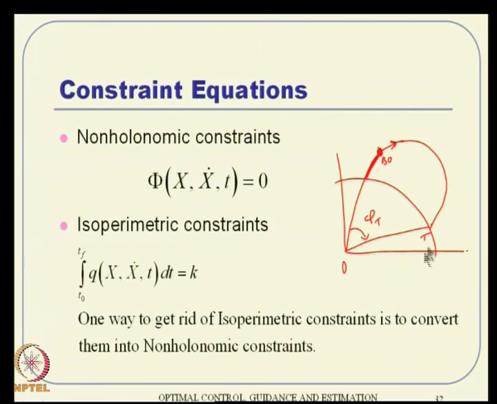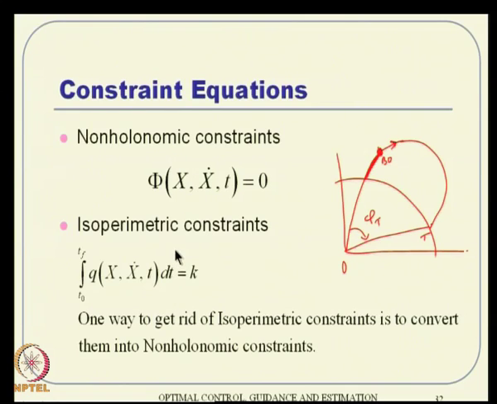Then only my vehicle will reach there, otherwise it will be somewhere else, which is not acceptable. That kind of problem is called an isoperimetric constraint, and you can think of many different applications as well. This is just a small example. So, there are cases where this kind of constraint will appear.